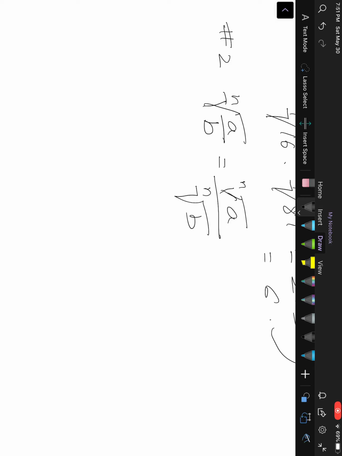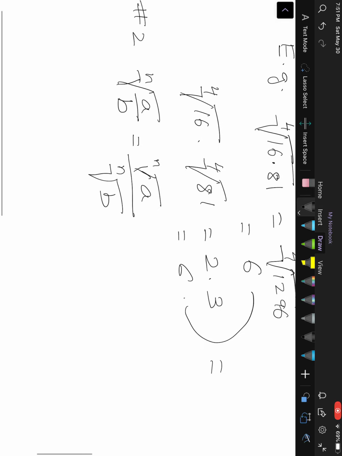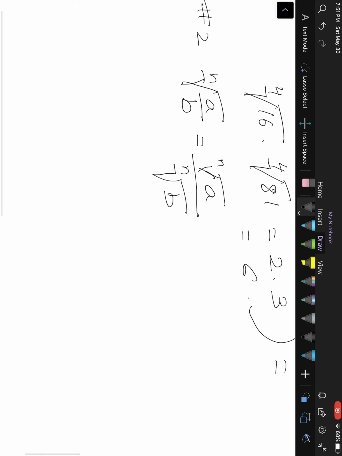So this again you can prove as I have shown you here, using the definition of nth root being expressed as a power of a rational exponent, as well as using the rules of exponents.